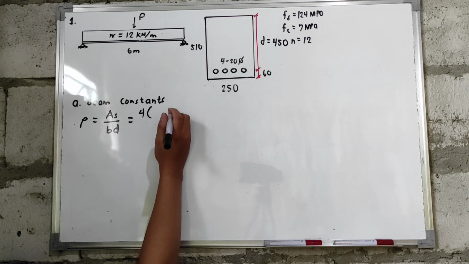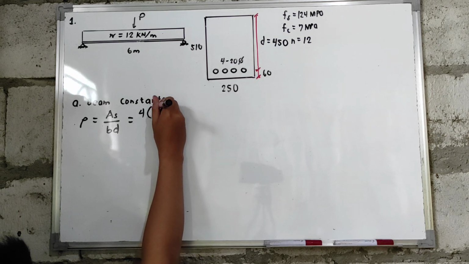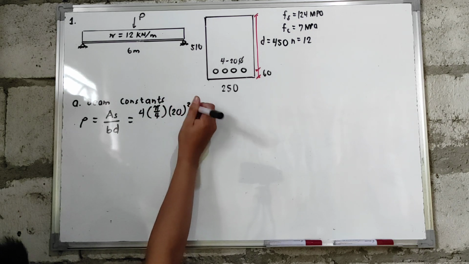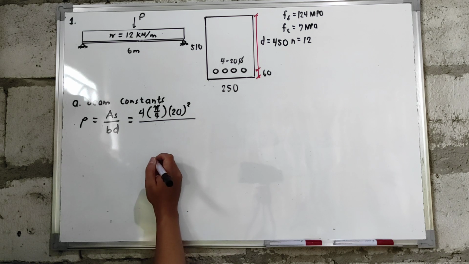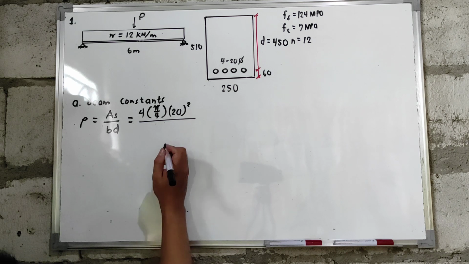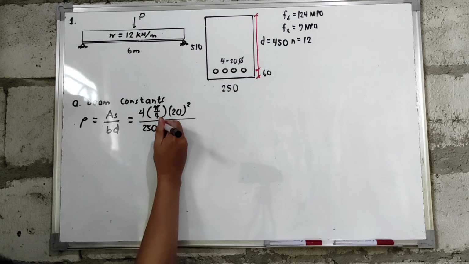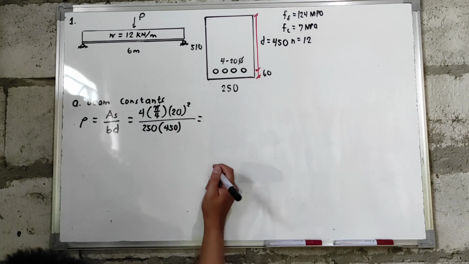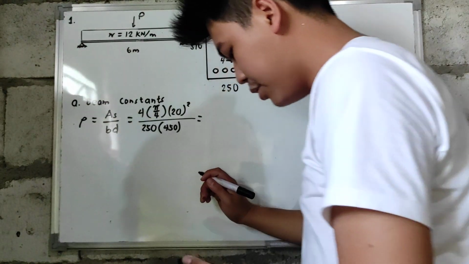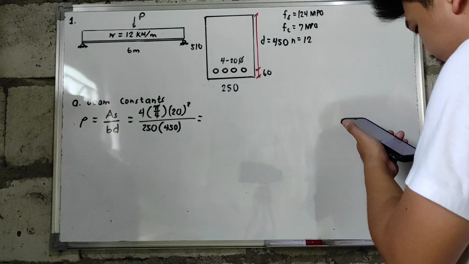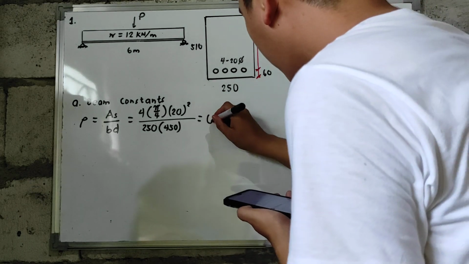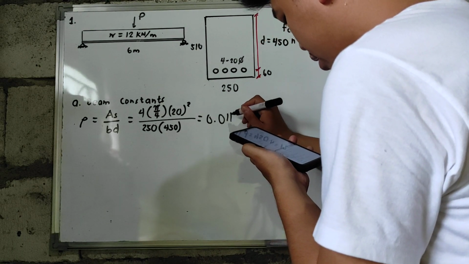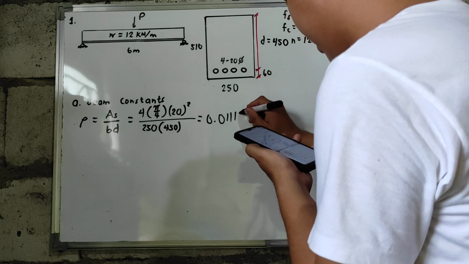So, that will be pi over 4, meron tayong 20 mm squared all over yung base natin, which is equal to 250 mm, yung effective depth, which is equal to 450 mm. So you have a steel ratio which is equal to 0.0117.